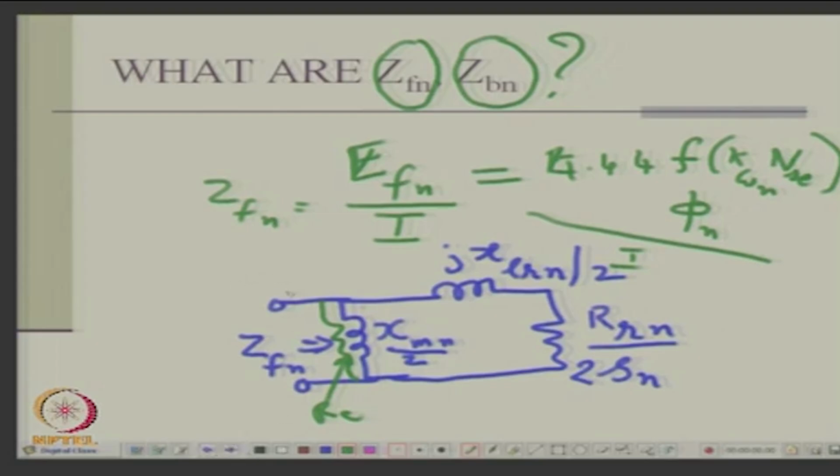They also have some series impedances associated with harmonics, but it will confuse you more, so I am deliberately avoiding that. Sometimes they have additional leakage flux due to these associated harmonics, and there will be stray losses and things like that. It is getting into more and more complicated aspects, but I think this much understanding at this stage is enough for you.